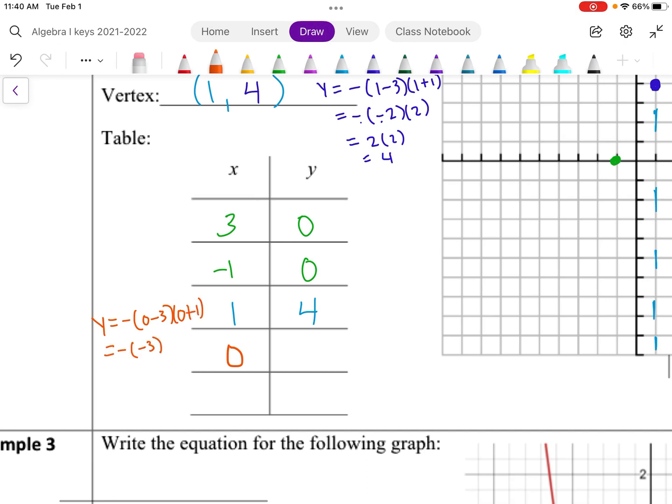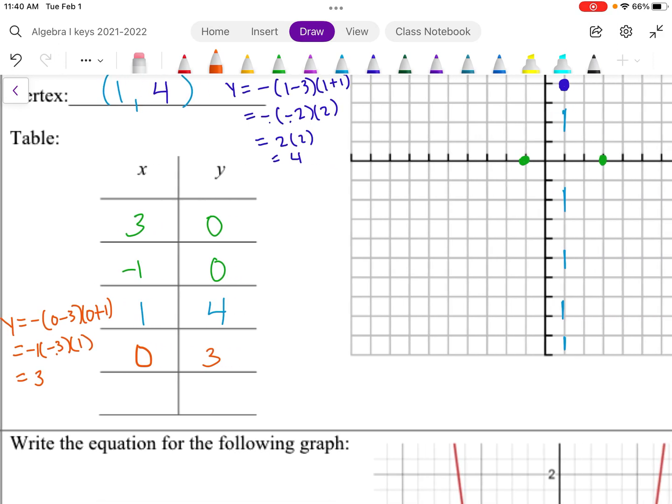Well, then 0 minus 3 is -3, and 0 plus 1 is 1. -1 times -3 times 1 is a positive 3. So we get the point (0, 3). And then because our parabola is symmetric, we can just mirror that on the other side of our axis of symmetry. So we also find a point at (2, 3). And there's our 5th point.